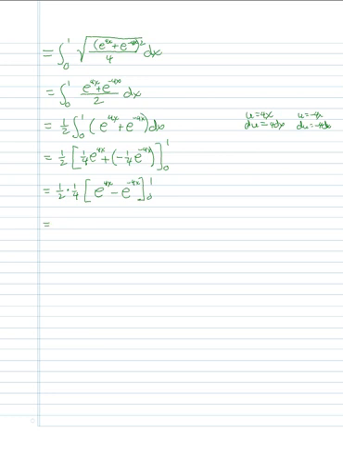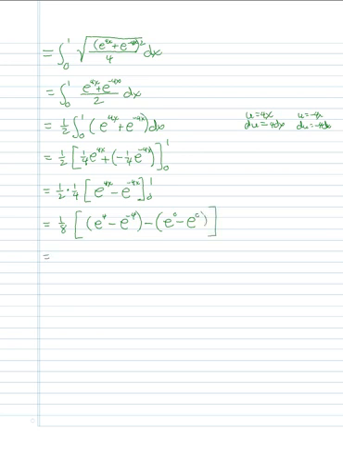Okay, 1/2 times 1/4, of course, is 1/8. Now on the inside, we're replacing x with 1 first, so we have e to the 4 times 1, minus e to the negative 4 times 1. And then subtract, we'll replace x with 0. So we have e to the 4 times 0, minus e to the negative 4 times 0, which is still 0.